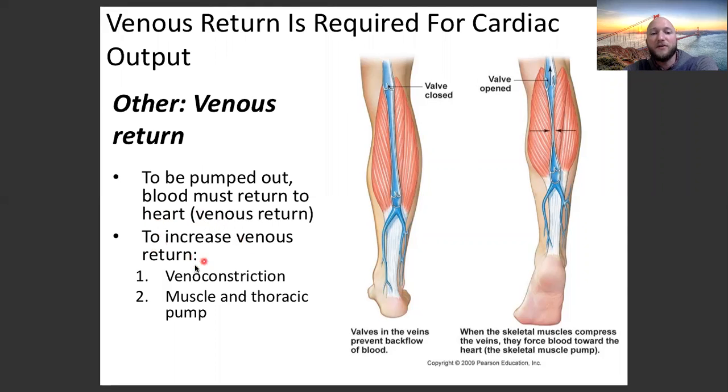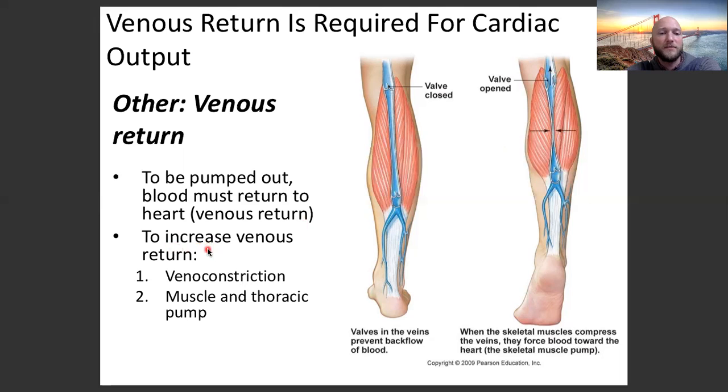Venous return is increased with venoconstriction, so venous constriction, and it's increased with the muscle and thoracic pump. The muscle and thoracic pump we talked about in, I believe it was part 1, where when you activate muscles, when you put pressure on veins, it can increase that pressure and push blood back towards the heart.